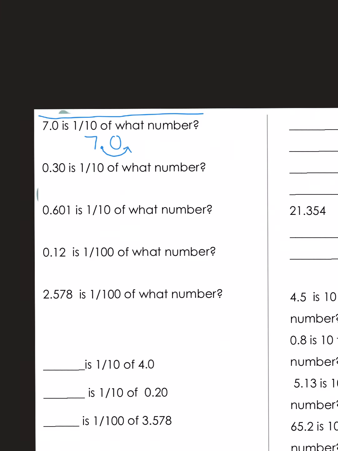We move to the right one time, or we make one jump, because it's only 1/10. Now we can rewrite our decimal: 70.0 or 70. You could also leave the answer as just 70. So this tells you that 7.0 or 7 is 1/10 of 70.